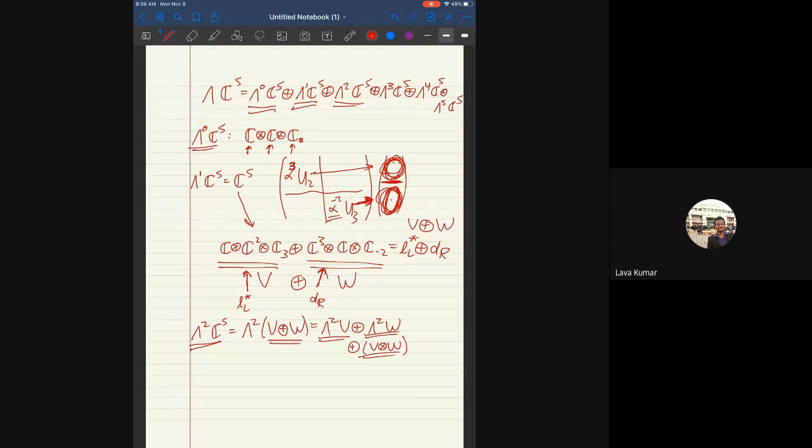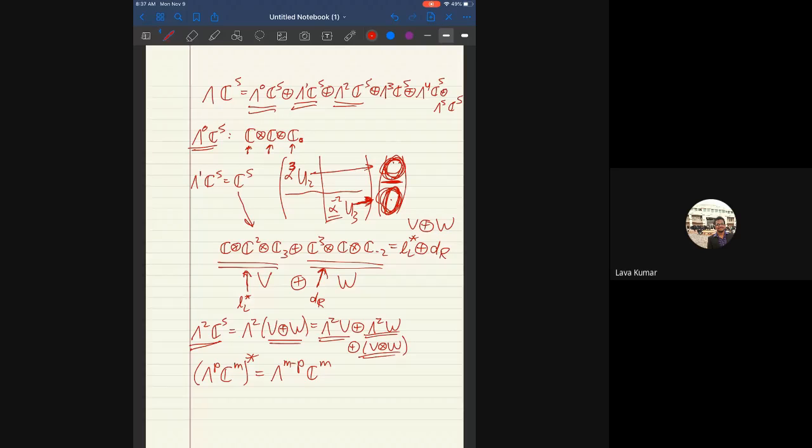It is helpful to use the following facts. Remember, first of all, what we said before, that the p forms in m dimensions are the complex conjugate representation of the m minus p forms in m dimensions.